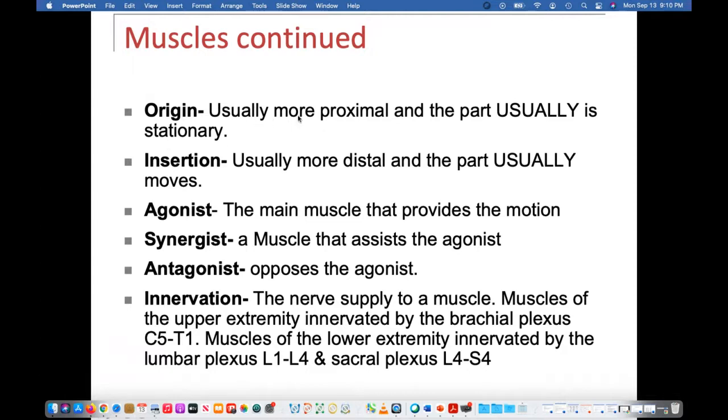All of those muscles attach to bones by way of an origin and insertion, okay? The origin is usually the more proximal part, and it's usually the part that's staying still or stationary, whereas the insertion is usually the more distal attachment to the bone, and it's the part that's usually moving.